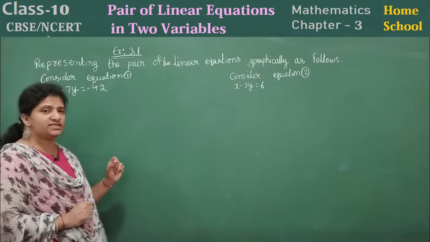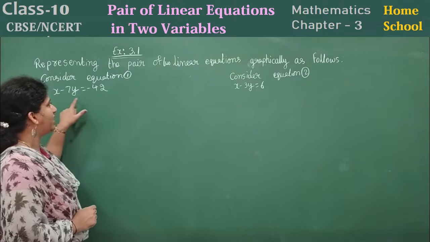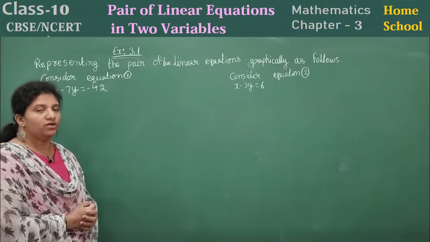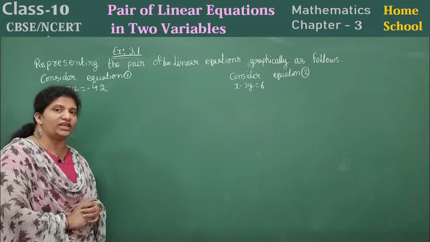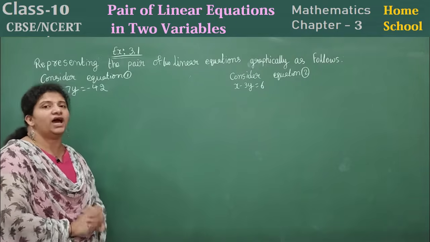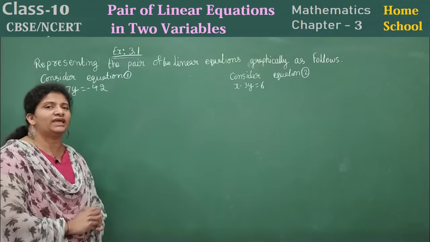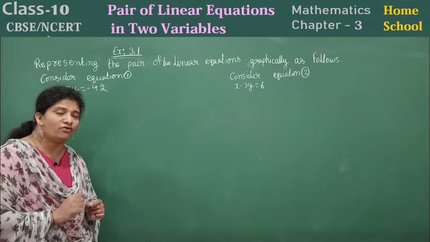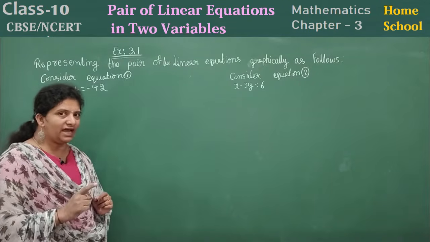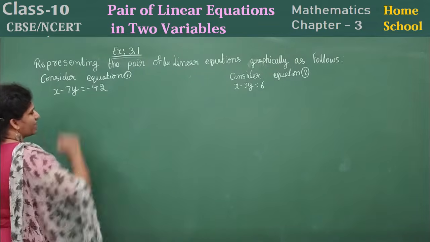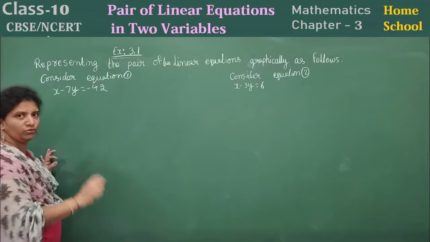What is your first equation? x minus 7y is equal to minus 42.